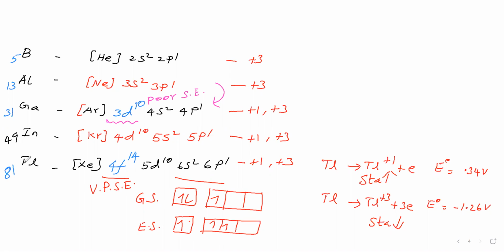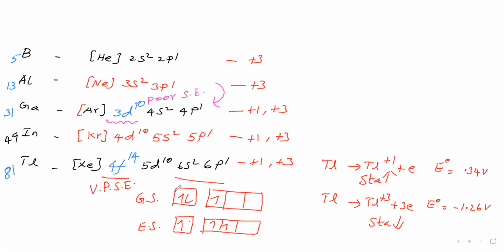Therefore, between the thallium nucleus and the 6s electrons, strong attraction is possible, so the 6s electrons are strongly bound. Therefore, getting the excited state is difficult, so thallium +3 stability is low when compared to thallium +1.